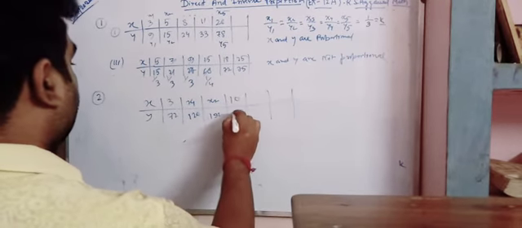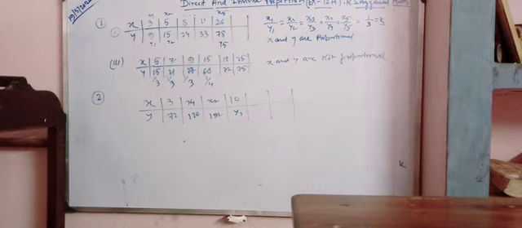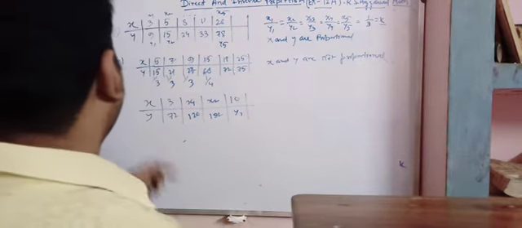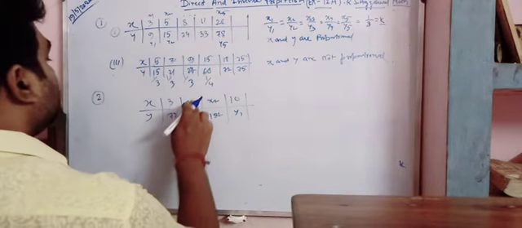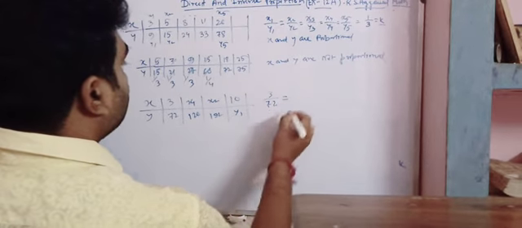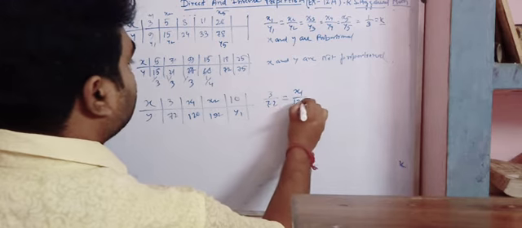then 10 by y1, and we are told that here x and y are directly proportional. So that means this by this equals this by this. So from here, 3 by 72 is equal to x1 by 120.